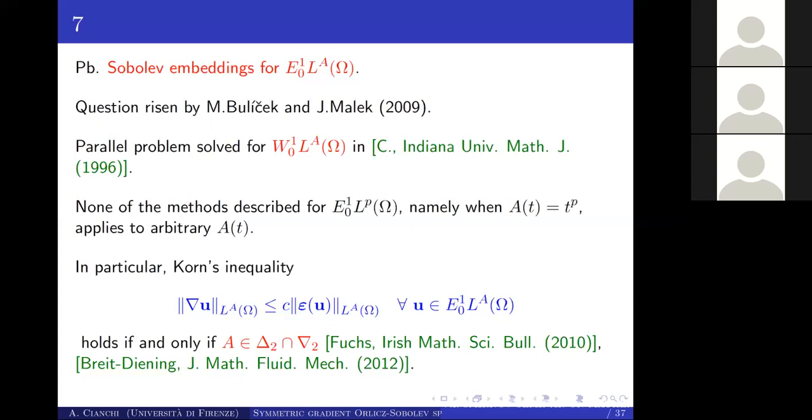So I'm not going to give these definitions now in detail. Let's just say that Δ2 is a doubling condition for A, and ∇2 is a kind of reverse of the Δ2. In particular, this simultaneous property prevents A from being too close to a linear function, which corresponds to p equal to 1, and that is the ∇2, and the Δ2 prevents A from growing too fast, which corresponds to, let's say, exponential type growth.